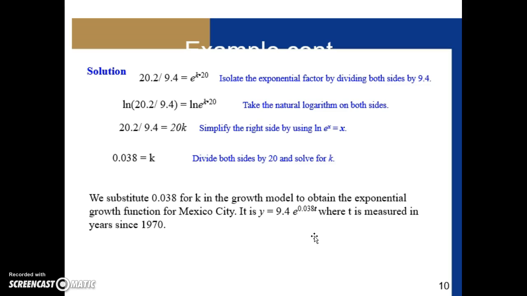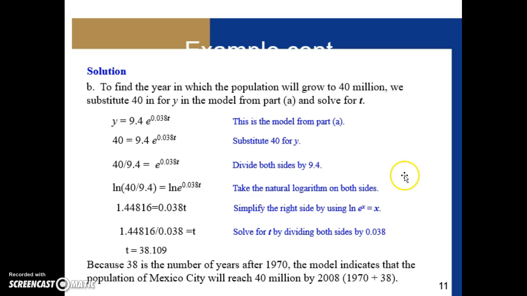So remember, they'll give you a word problem. It'll have two basic sets of information. You use those two sets of information to find the value of k. Once you find the value of k, you then have the model that you're going to use to answer the actual question that they're after.